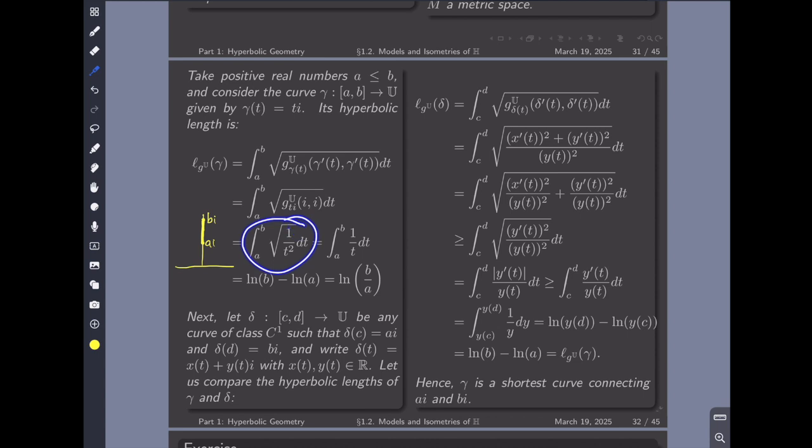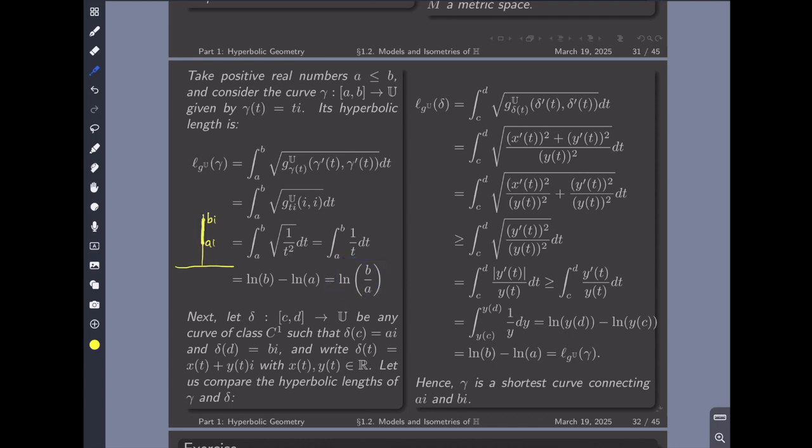This 1 over t squared comes from the rescaling factor in the description of the dot product in a tangent plane at a point in U. So in the end, I have to integrate 1 over t from a to b. That's just the logarithm, which is logarithm of b over a. Fortunately, this length has a simple computation.